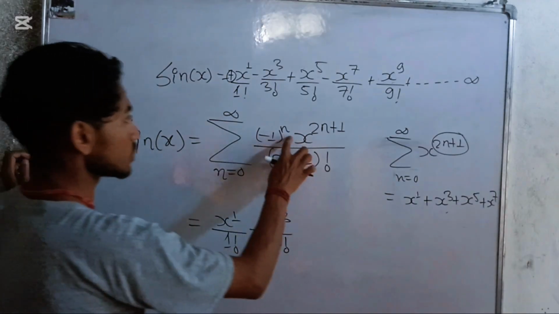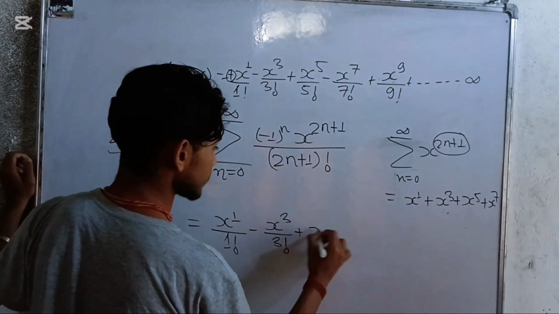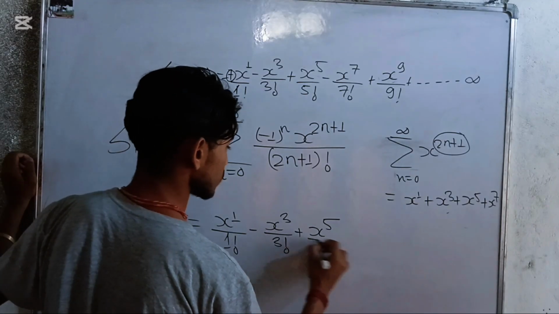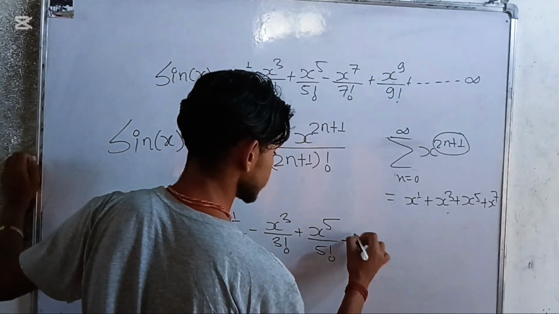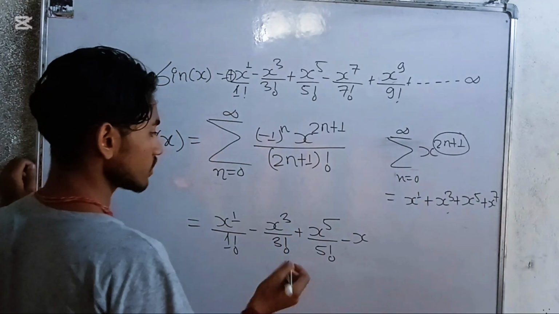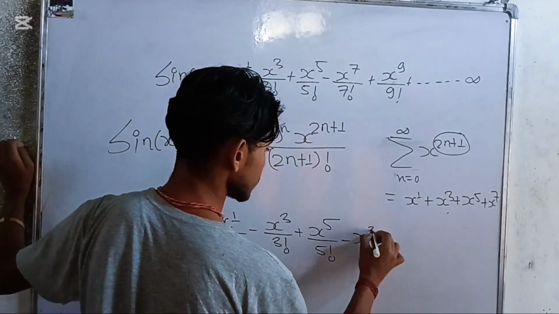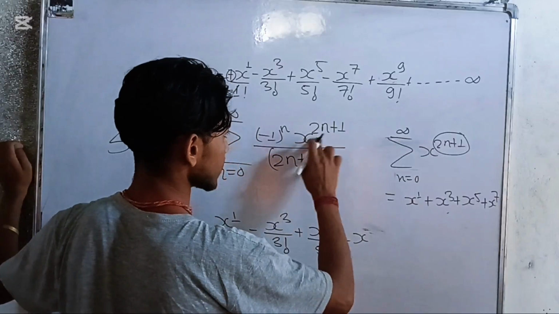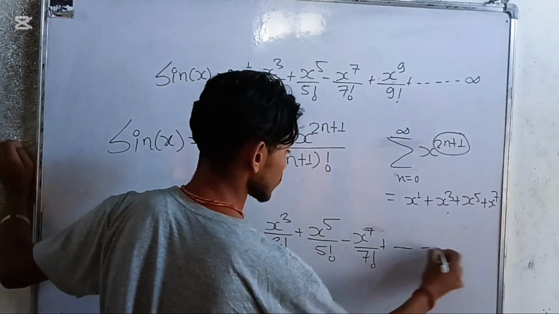Okay, if you put n is 2, you get plus sign here, and you get x raised to 5 over 5 factorial, minus, if you put 3 here, you get x raised to 7 over 7 factorial plus so on and on.